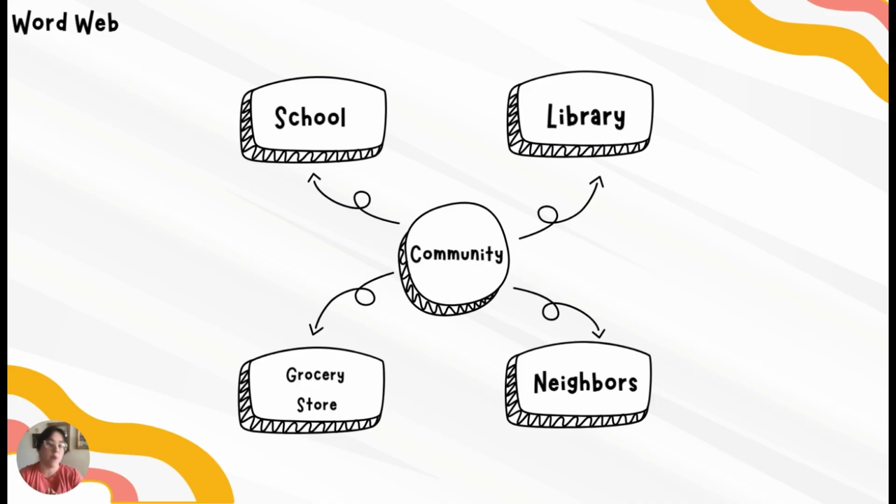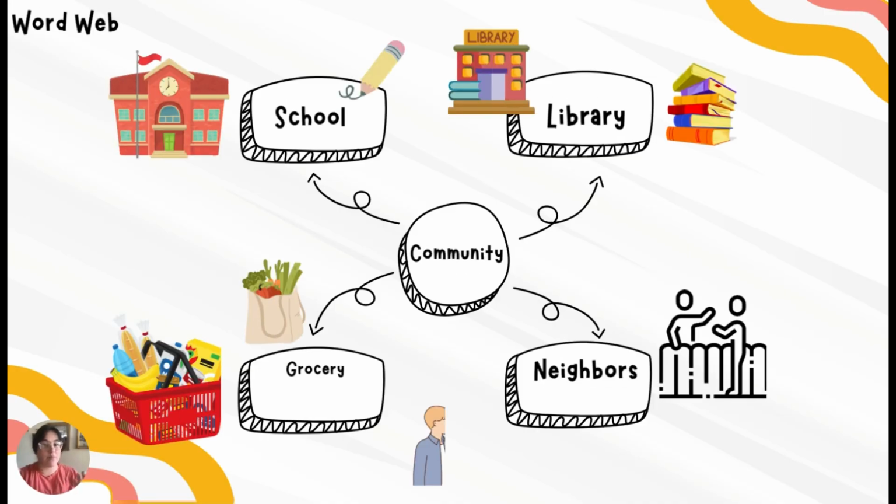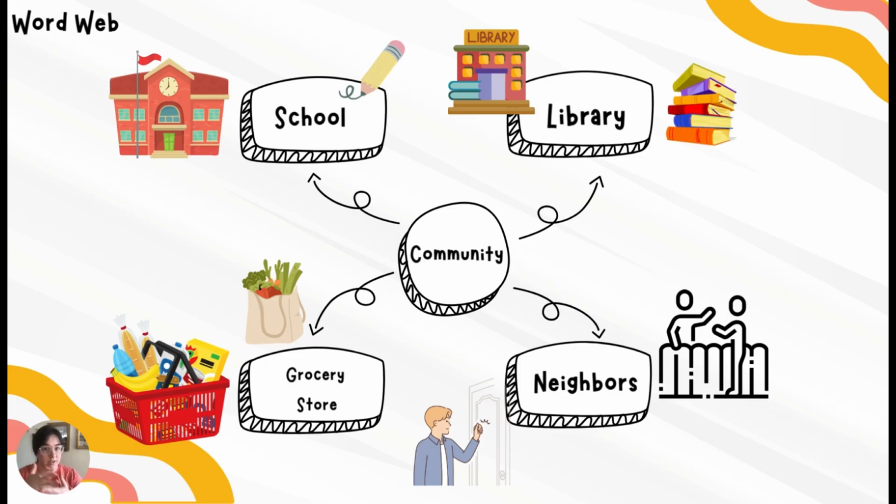So the best part about a word web, especially for students like Lisa, is students don't have to just do words, right? Students can also act out the words, and they can also add pictures or draw pictures to what they think is part of the community. And I think that's the greatest part about a word web.